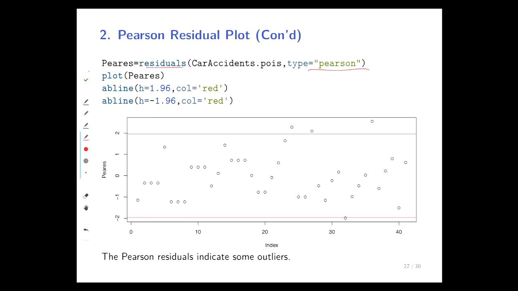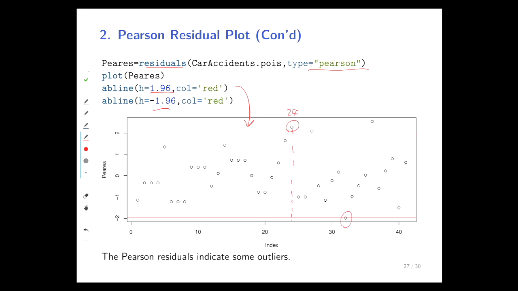And the cutoff here is 1.96 and minus 1.96. We can use these two red lines to represent these two cutoffs. And we can find that here we have number 24. You can look at it. And also we have maybe number 26 or something.